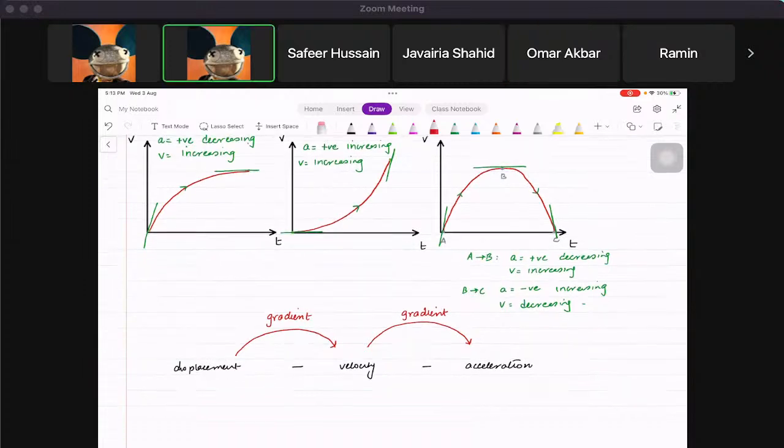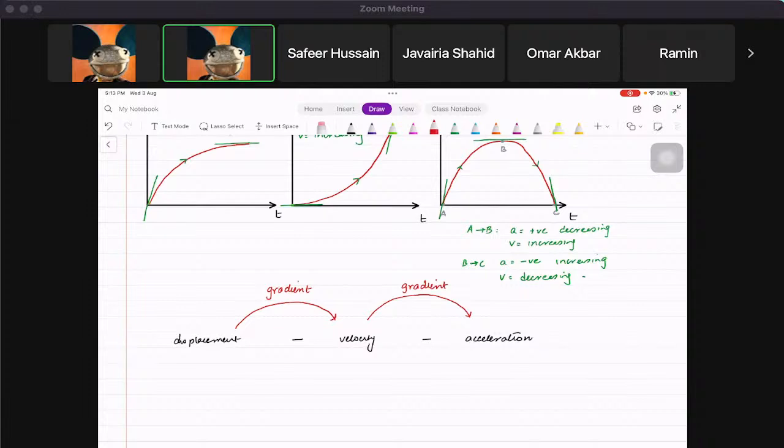Also, there's one more aspect that we're going to discuss a bit later, where when you go from velocity time graph to displacement, you got to find area under graph, and that would give you displacement when you're finding area under graph of velocity time.